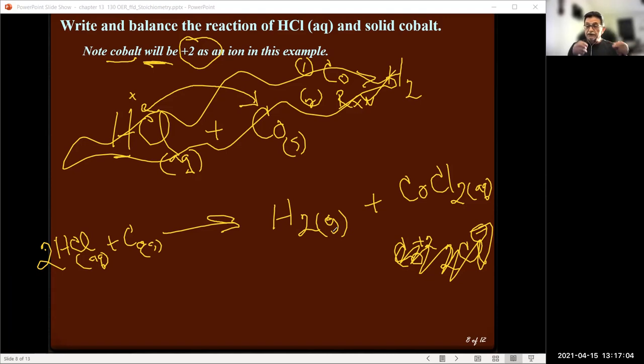It's soluble based on the solubility rules, therefore it's aqueous, and we have the chemical reaction written out. We finalize this by balancing it, playing with the numbers until we get it balanced. So we ended up with a balanced chemical reaction.